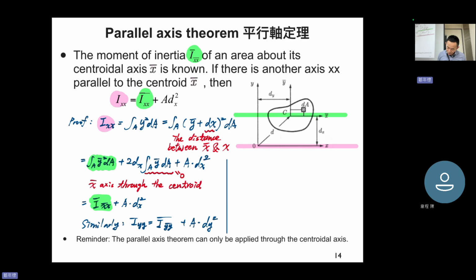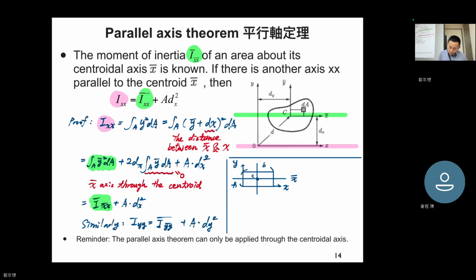I hope you kind of understand this, and I will give you a quick example to apply the parallel axis theorem. Remember that we have a rectangle, and this is x, this is y, and you have your axis through the centroid. This is C, this is B, and this is H, right?